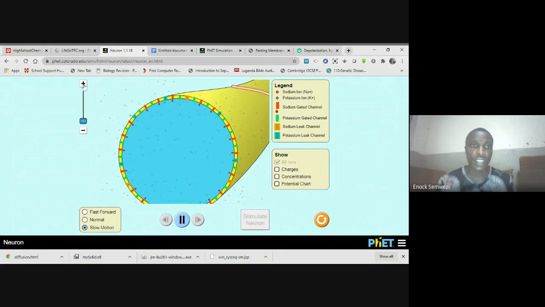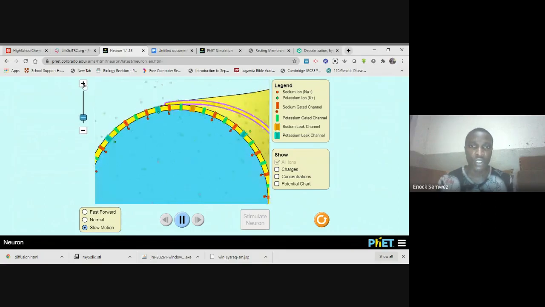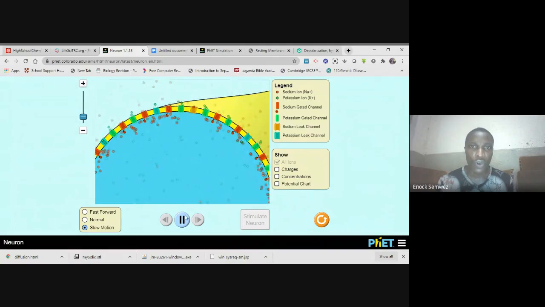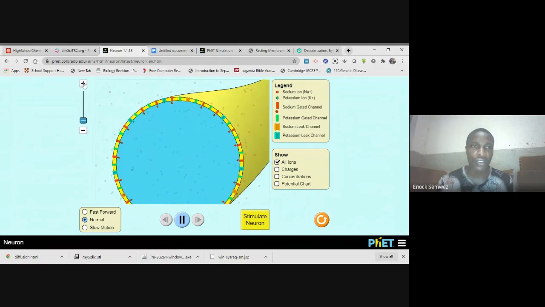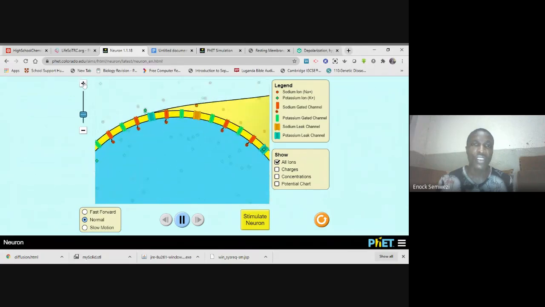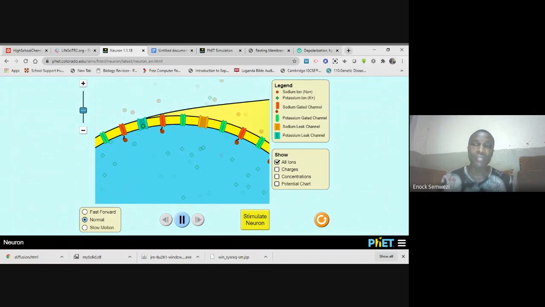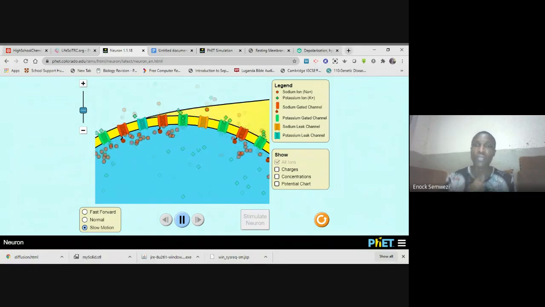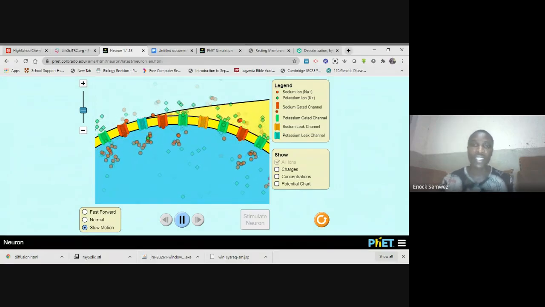On the arrival of an impulse, the sodium gated channels open first before the potassium gated channels open.